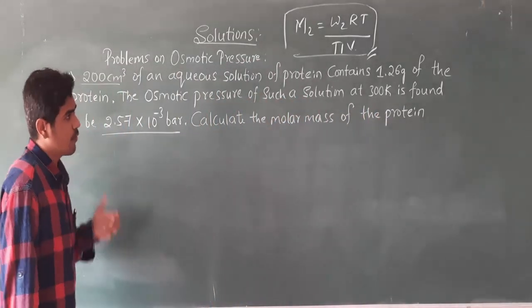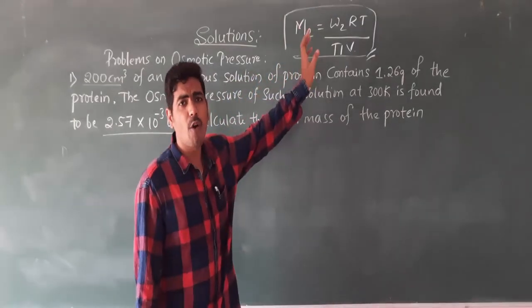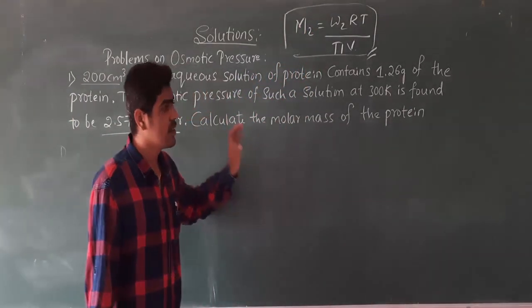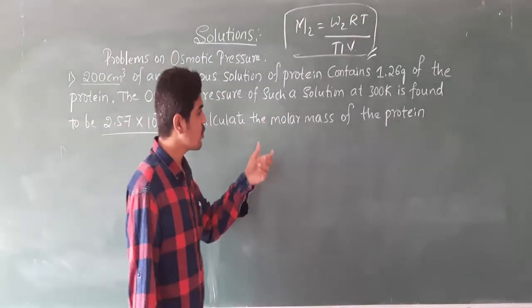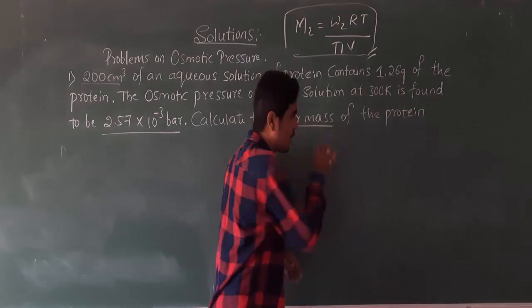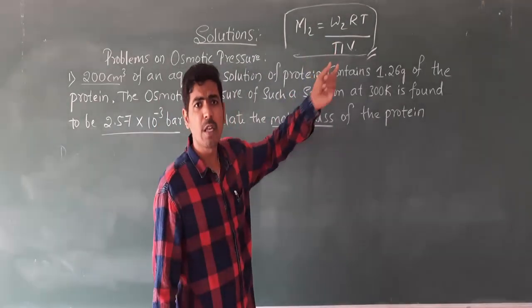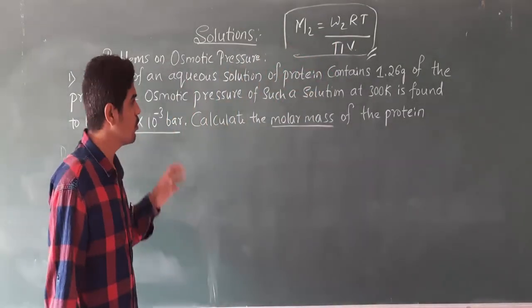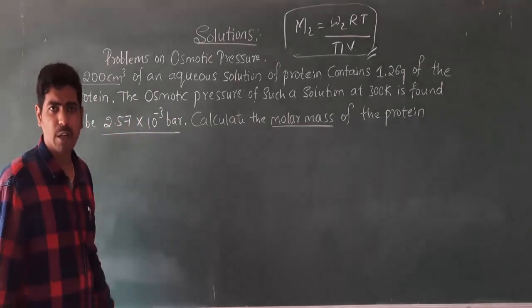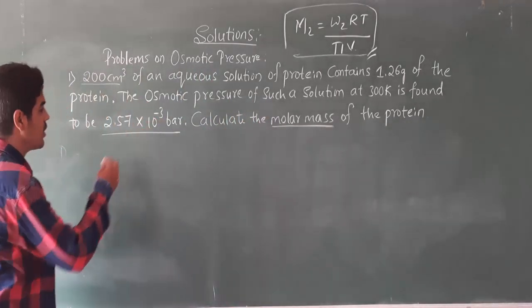So first we know the formula to find the molar mass of the solute, and here the solute is protein, and we have to calculate its molar mass. For that we have to use this formula. Before using it, first we have to get what they have given, so simply write down all the given things in this problem.